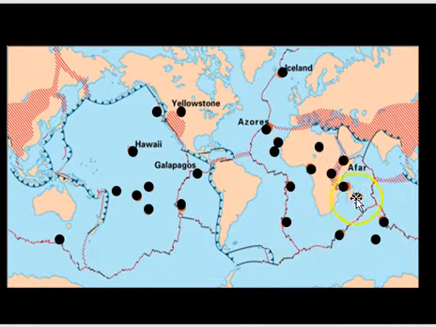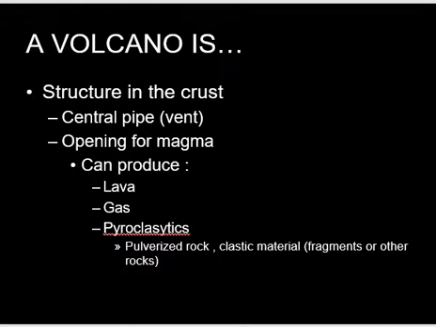Now, Hawaii is the hotspot volcanic arc that we're the most familiar with in the U.S. However, Yellowstone is also a hotspot, and that geothermal activity in Yellowstone is a result of some kind of crustal activity or thinning. So what is a volcano?